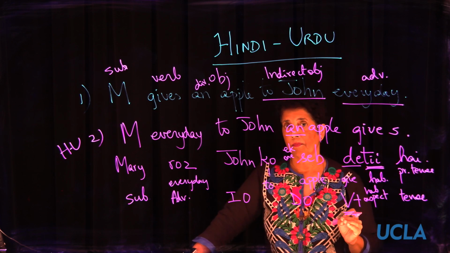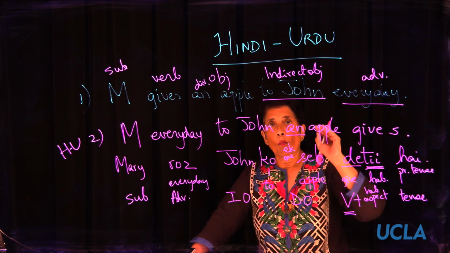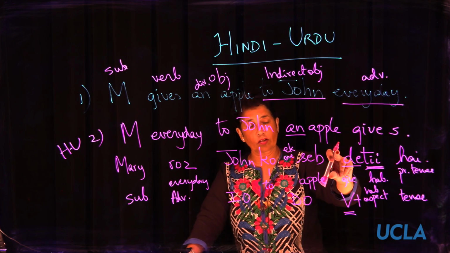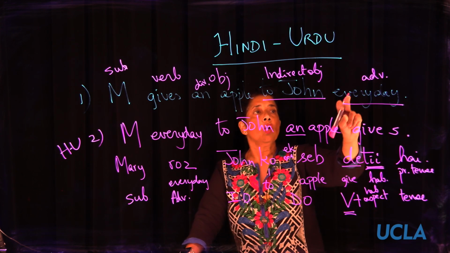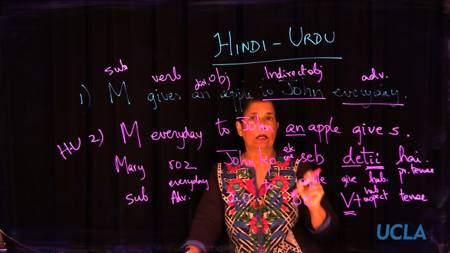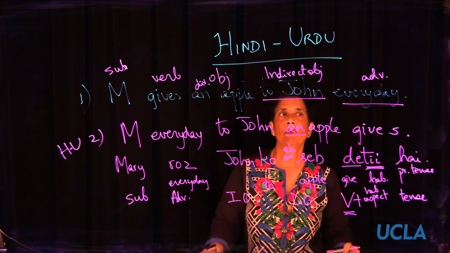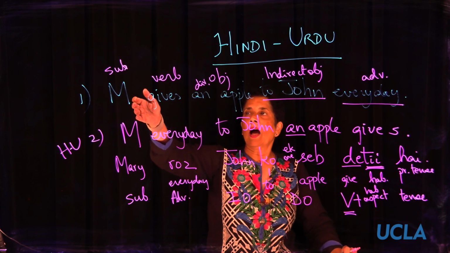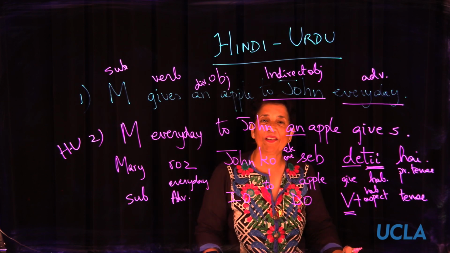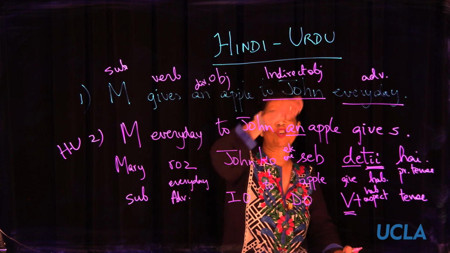However, one thing that is true about English is also true about Hindi-Urdu. You cannot put it in between a phrase, right? So you wouldn't say, Mary gives an everyday apple to John, or to everyday John, right?